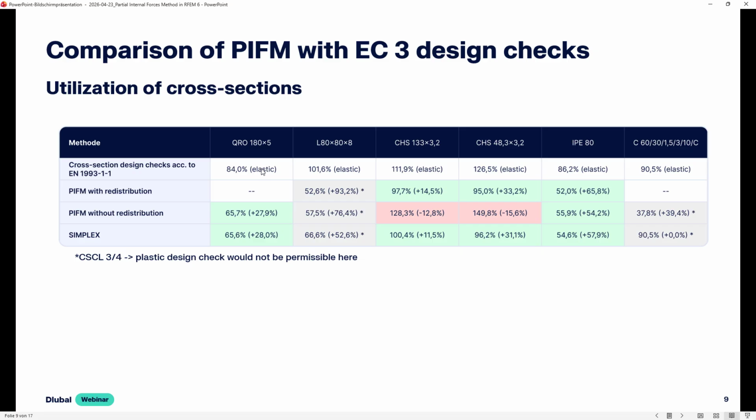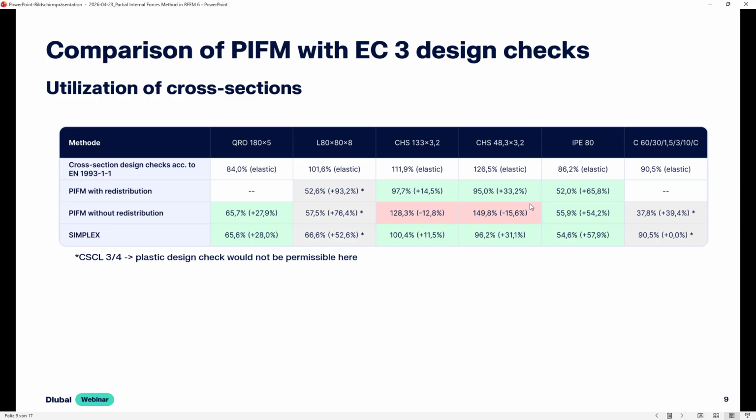And as we can see, we have significant reserves if we use the plastic design and especially if we use the PIFM with redistribution. We can also see that in some cases, the PIFM can be less economical than the EC3 design checks. But as you can see, that's not the typical case.